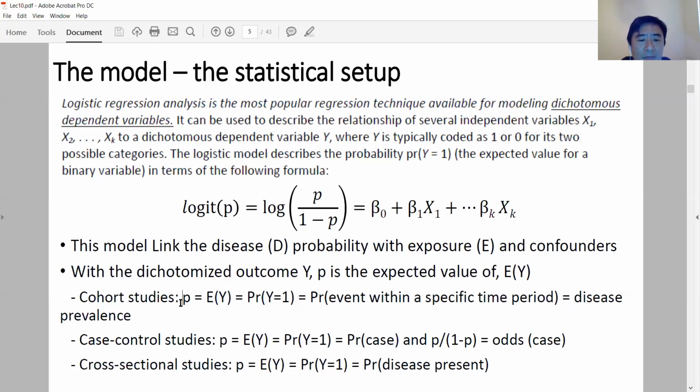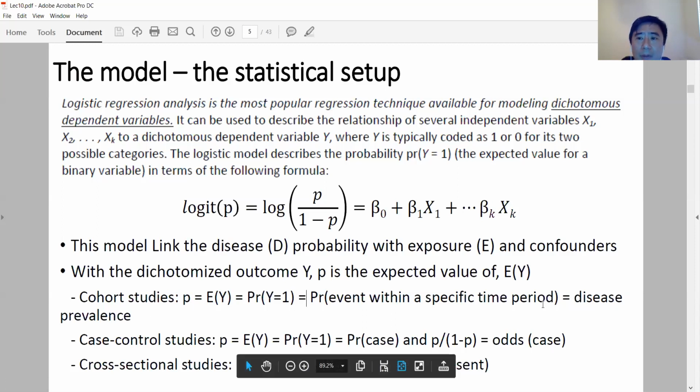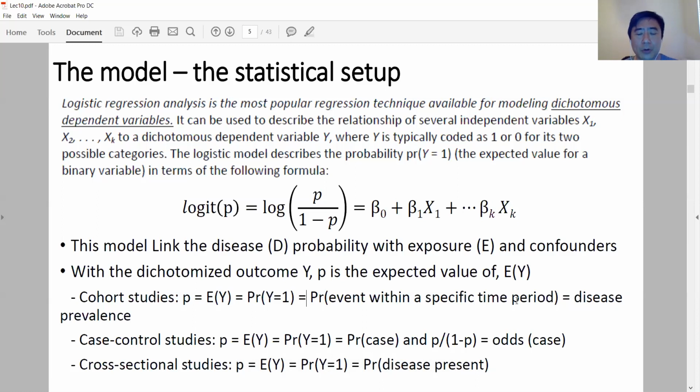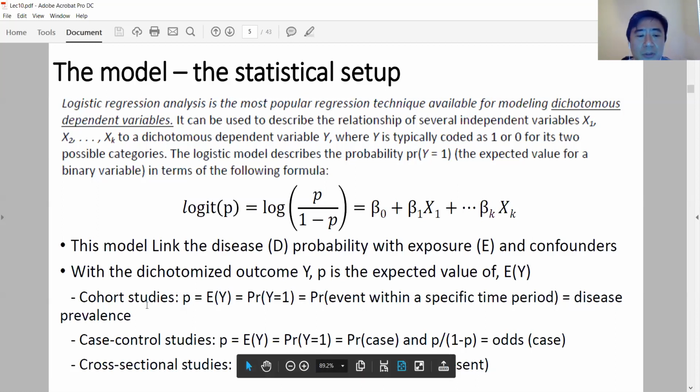If the expectation of your y is equal to p in the cohort study, this is interpreted as the disease prevalence, because given the probability of an event within a certain time period, you should be able to get a cumulative number of disease cases. And the cumulative number of disease cases over the total size of the population can be used to approximate the disease prevalence. Although it's not the perfect disease prevalence definition, it's similar to disease prevalence.